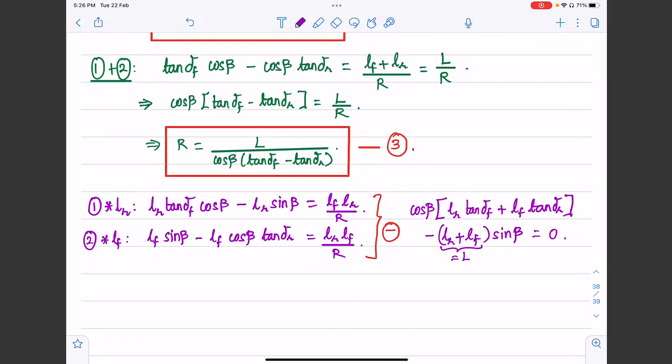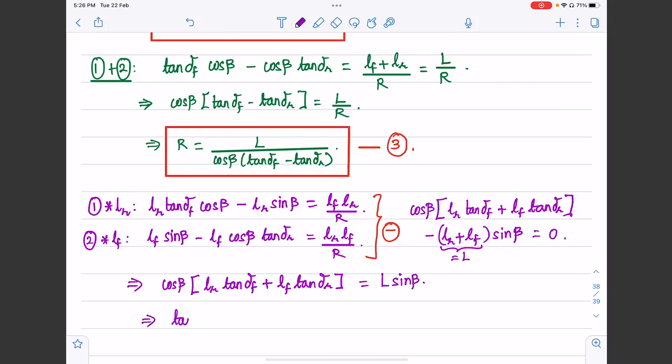Using this, we can immediately write that cos beta times LR tan delta F plus LF tan delta R is going to be equal to L times sin beta. This will give us one equation for beta.